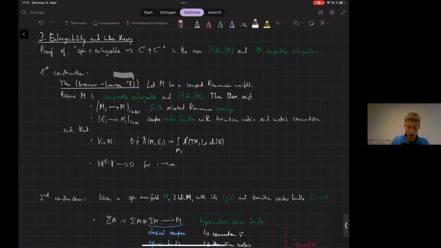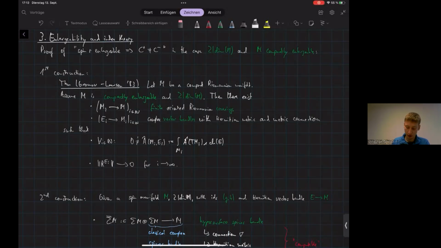It is by Gromov and Lawson, and it was basically where this notion of enlargeability comes from, because Gromov and Lawson showed that these enlargeable spin manifolds do not admit positive scalar curvature metrics, and we can just use part of the construction of their proof in our proof, and so I outsourced this as a theorem which is not directly stated in their article, but it is a part of their proof of the main theorem.